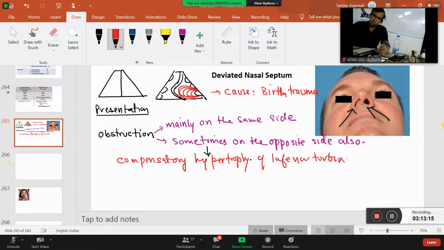This is the cause of obstruction on the opposite side, and this is the most common. Compensatory hypertrophy of the inferior turbinate causes obstruction on the opposite side of DNS. A very, very important question.